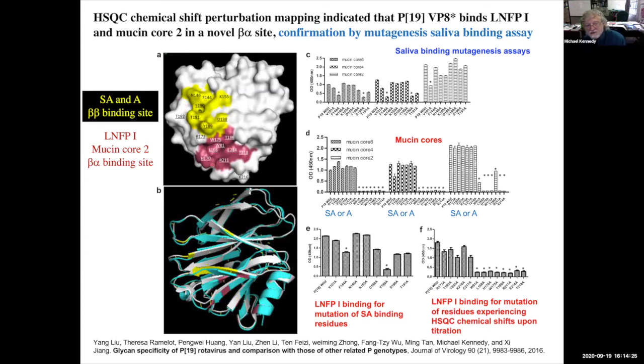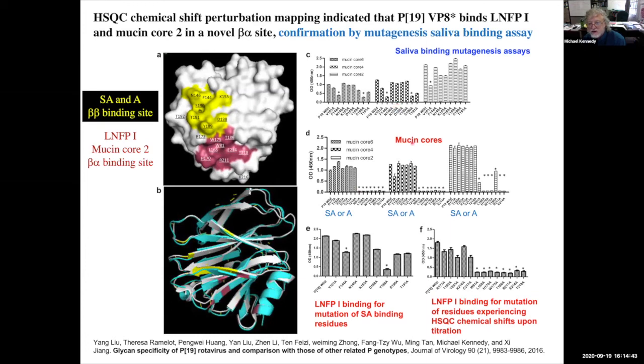But our data from the NMR experiments indicated that these glycans bind in a new site referred to as this beta alpha site. Since that was a new site, we needed to confirm that, and we did that based on site-directed mutagenesis.